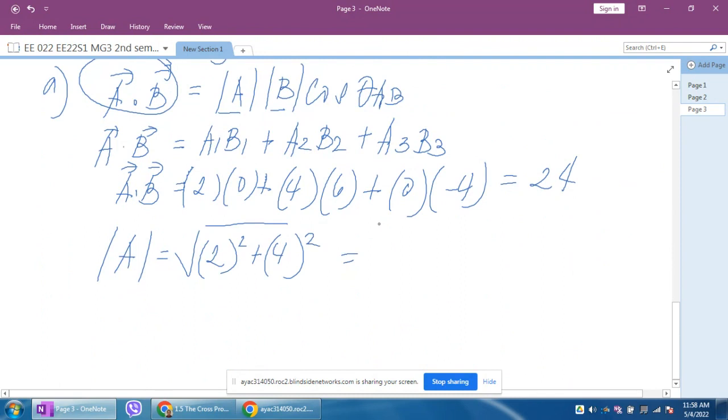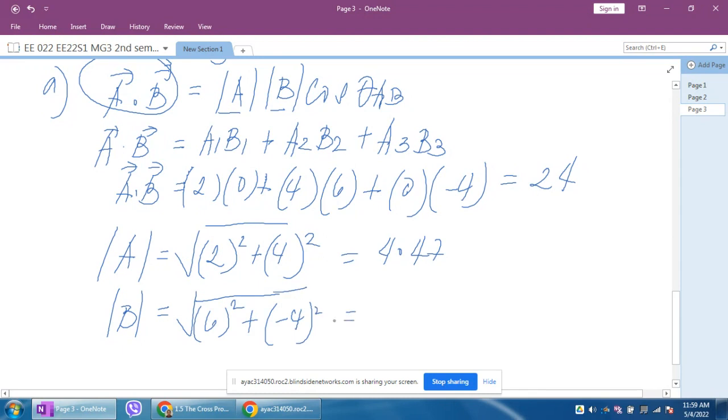This is equal to 4.47. So, pwedeng radical, pwedeng decimal. Magnitude of B, square root of 6 square plus negative 4 square, 7.21.